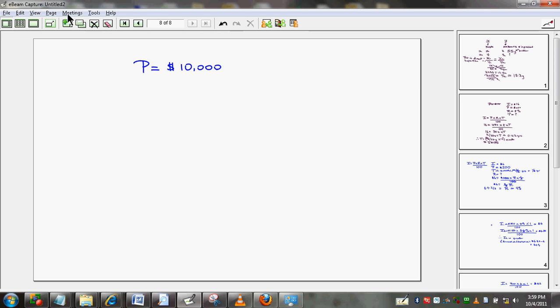Okay, in this case, we are dealing with compound interest. It means that he has a principal of $10,000, and we know that his rate of interest is 10% per annum. So let us go through on a yearly basis what is happening with this money.